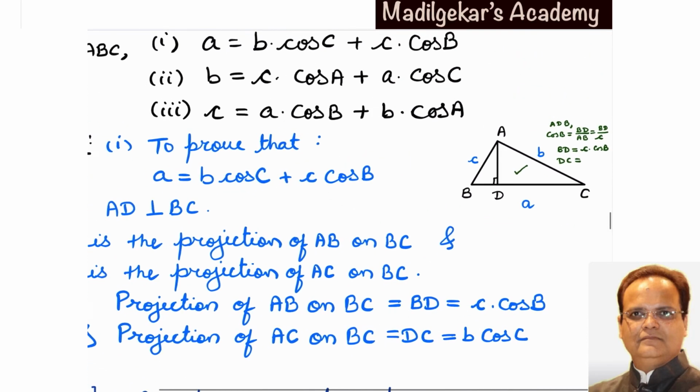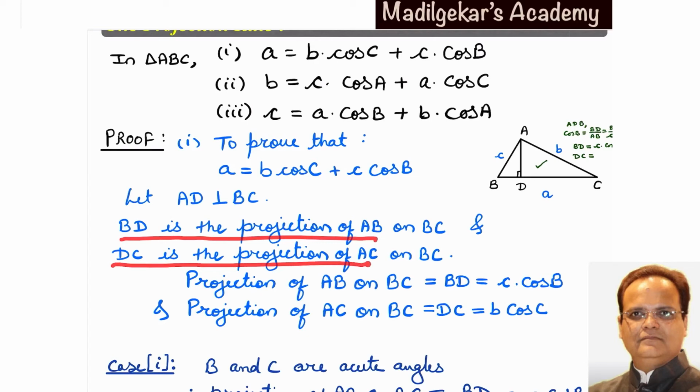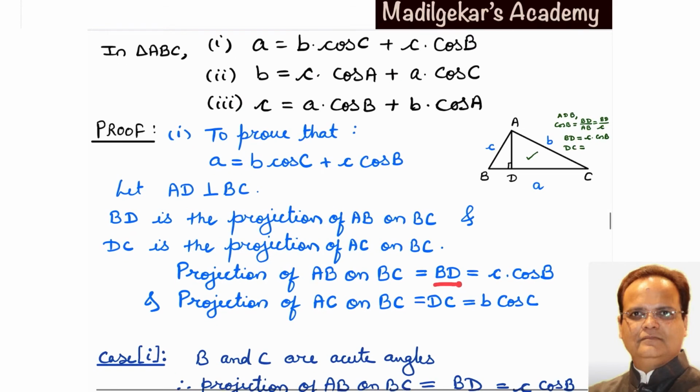So let's start the proof now. To prove that a equals b cos C plus c cos B, draw a perpendicular from A. So BD, as discussed, is the projection of AB and DC is the projection of AC. So we have BD equals c cos B and DC equals b cos C.